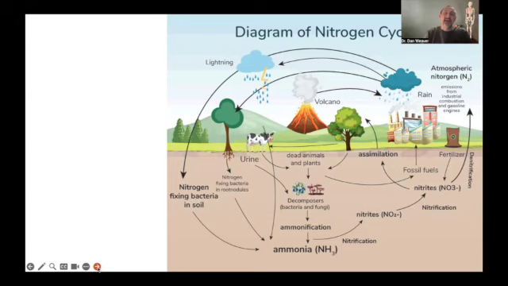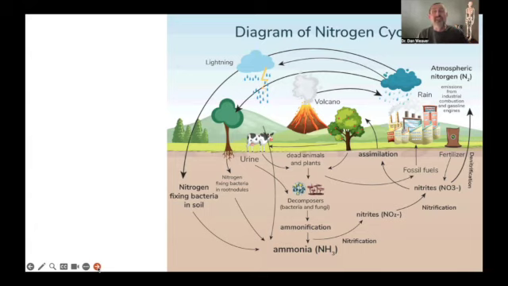Now you'll notice that it's in several forms, like ammonia. You'll see that under the soil there. We find ammonia in things like urine or like nitrates. All right, so nitrates are a form of nitrogen that you might find in the soil. Farmers often have to worry about nitrate levels in their soil because it's an indication of how healthy the soil is.